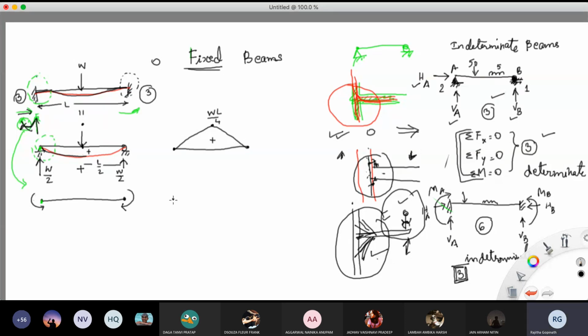ठीक है. Now we have the इतना तो समझ में आया ना सबको? Yeah. Okay. Now the other thing that we need to figure out is the negative bending moment, because इस पे वो जो negative bending moment हमने यहाँ पे नहीं consider किया है ना.